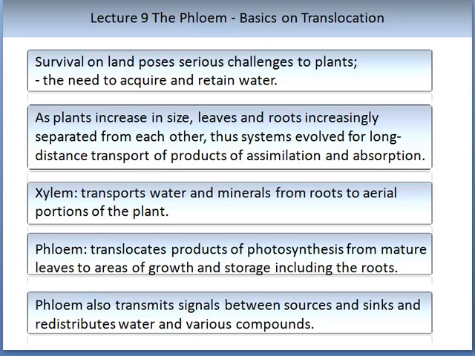The xylem transports water and minerals from the roots to the aerial portions of the plant, while the phloem has a different function. It transports products of photosynthesis from mature leaves to areas of growth and storage, including the roots. Phloem also transmits signals between sources and sinks and redistributes water and various compounds.